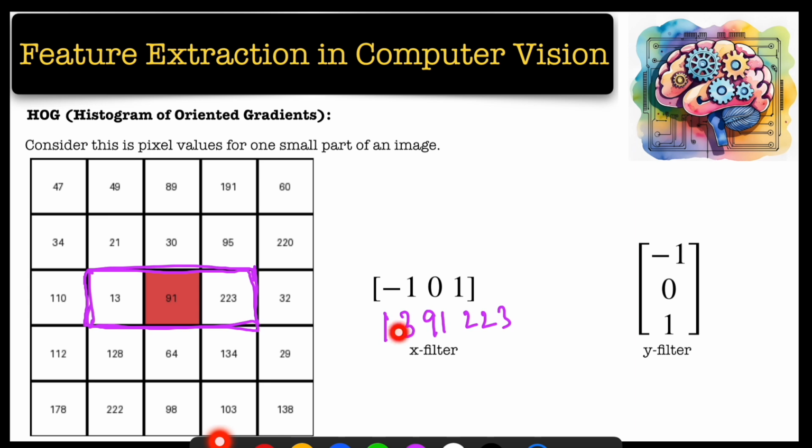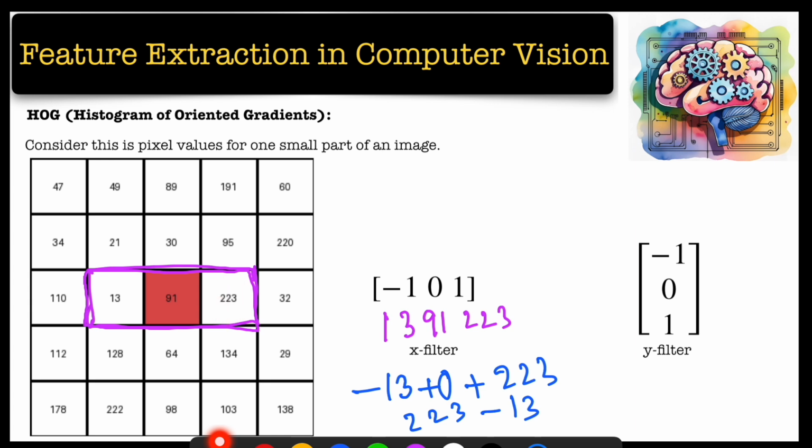Then we take the element wise product, so we get -13, 0, plus 223. We take the sum of the element wise products. It's the same as 223 minus 13, the same thing we did earlier. So we subtracted the left pixel value from the right pixel value.